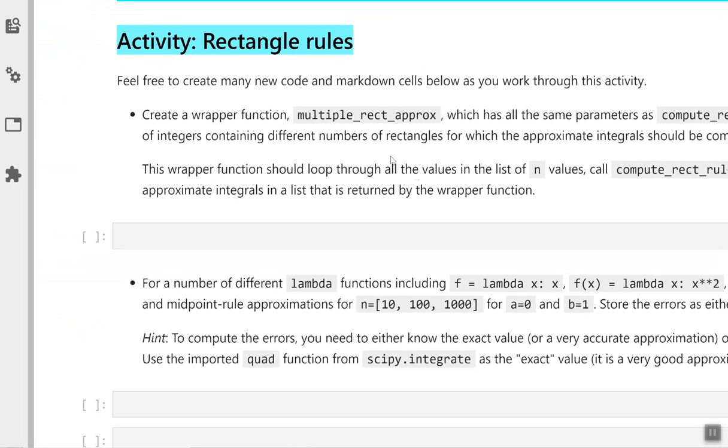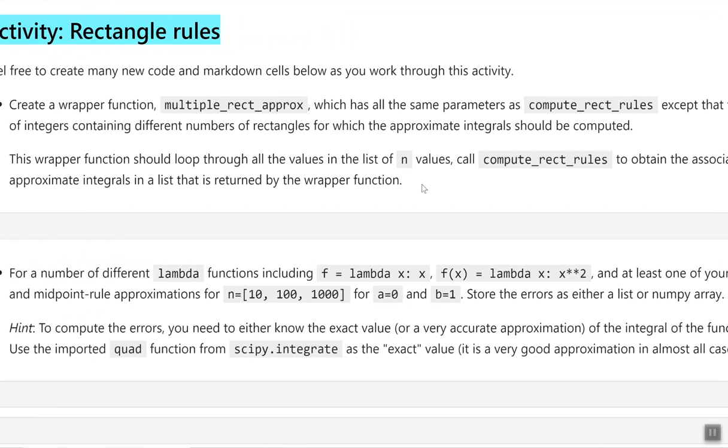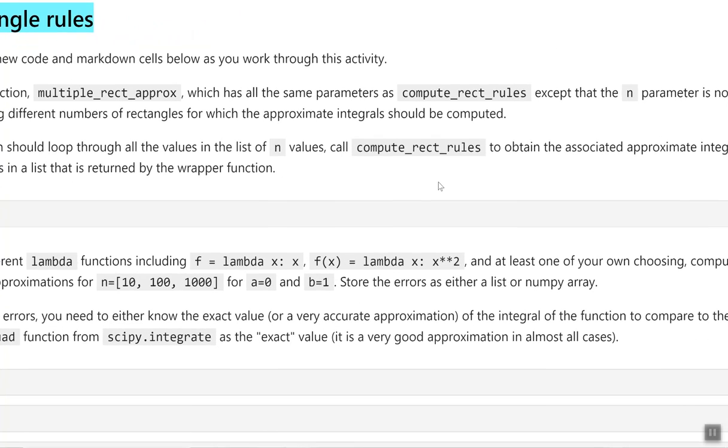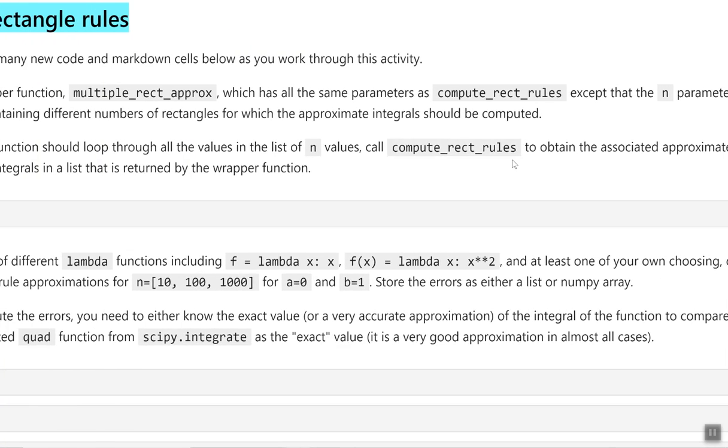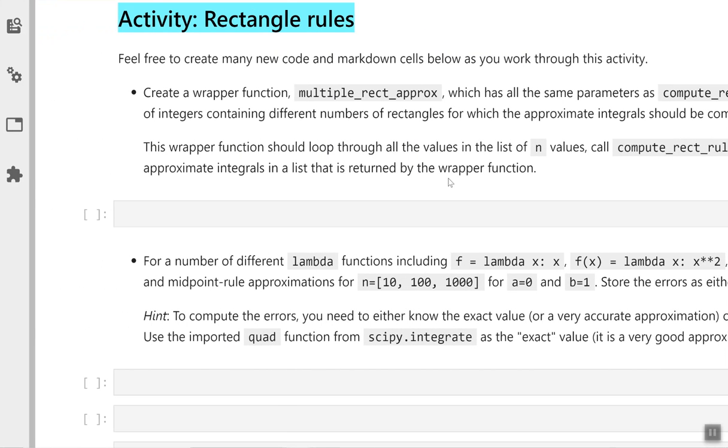This wrapper function should then loop through all the values in the list of n values and compute the rectangle rules to obtain the associated approximate integral, and store all of the approximate integrals in a list that is returned by the wrapper function.